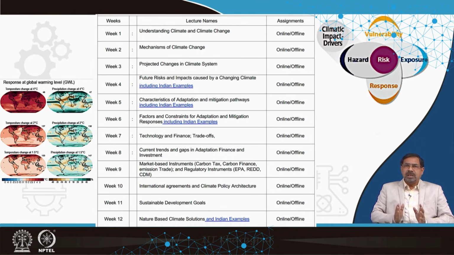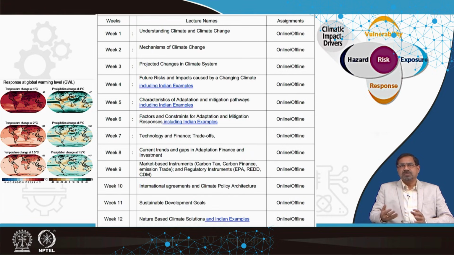We will finish it in week 1 in terms of climate and climate change, and then in detail we will try to understand the various mechanisms or the drivers that explain the climate change. And in the third week we will see the various past experiences, and based on that, if we imitate those patterns, what could be the future projections.